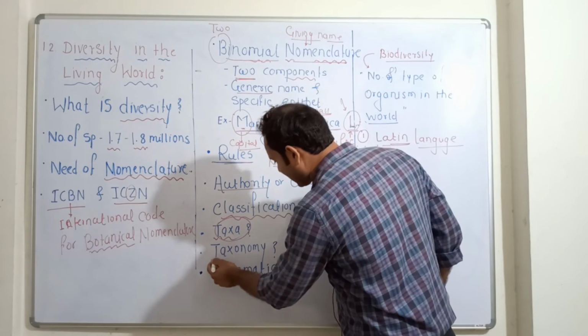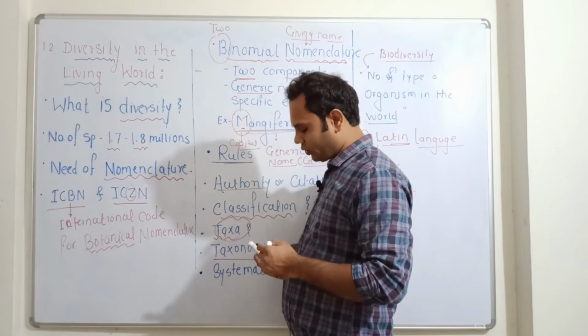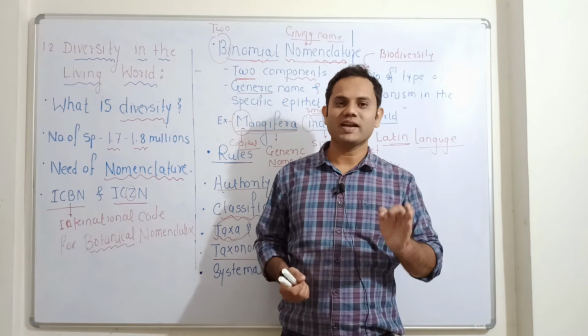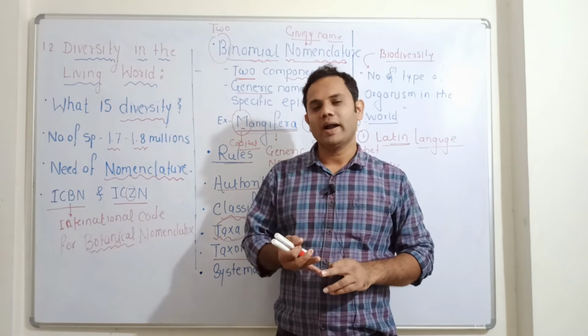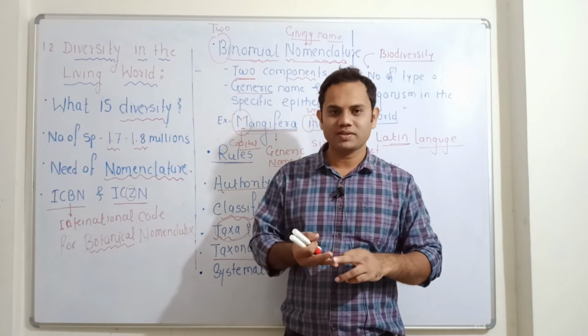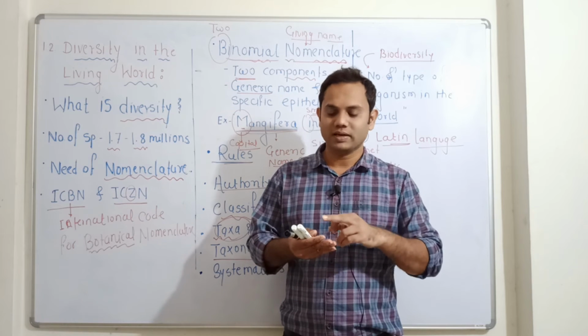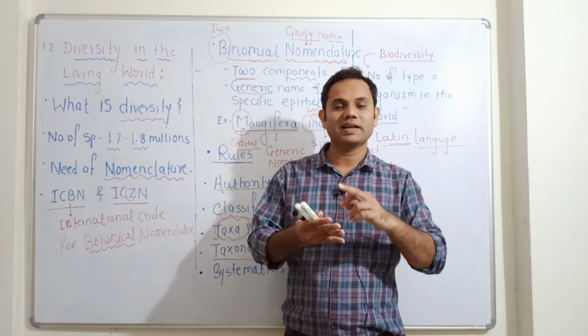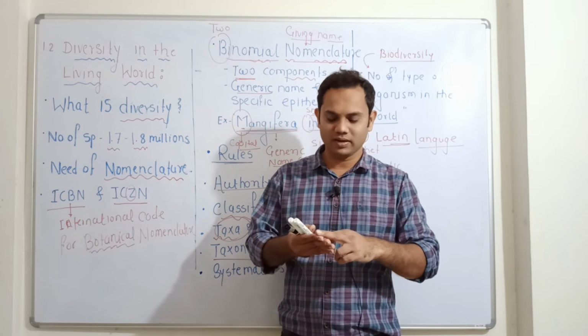Now what is taxonomy? Taxonomy is a science of identification, classification, nomenclature, description. You can say identification, description, classification, and nomenclature.